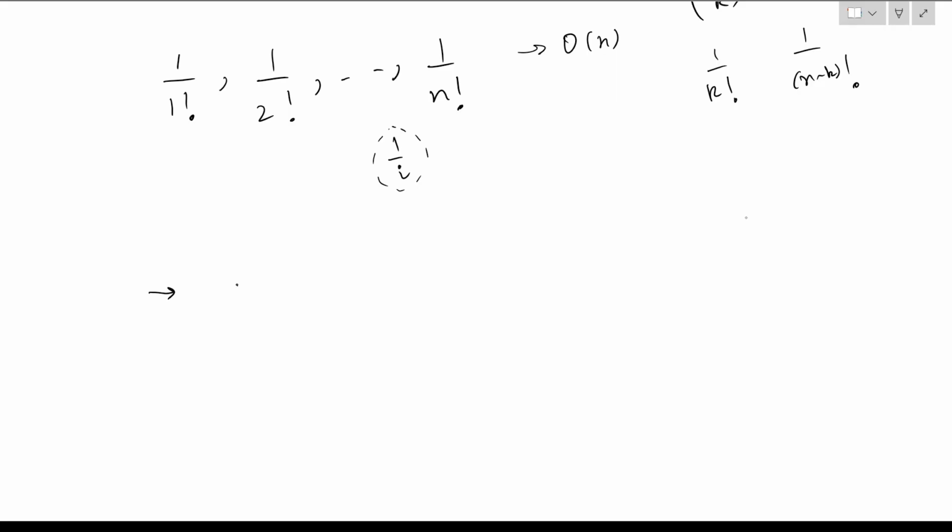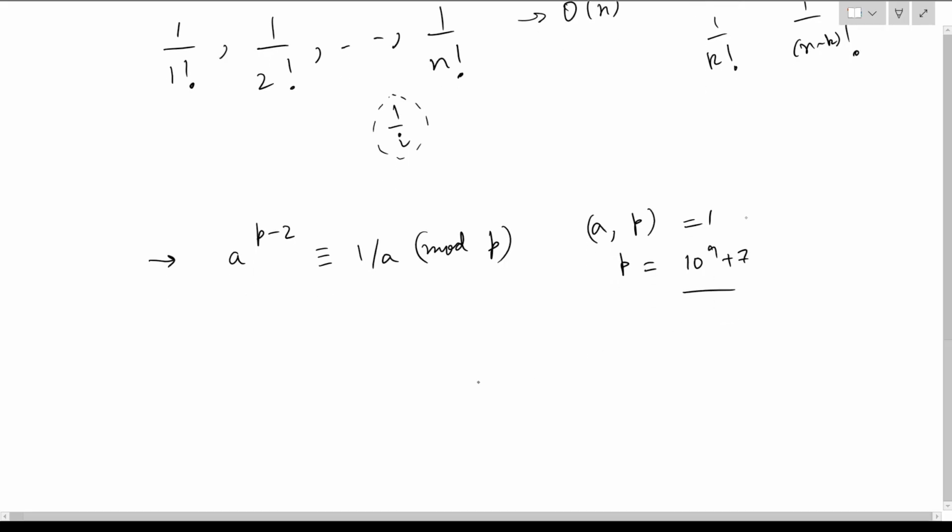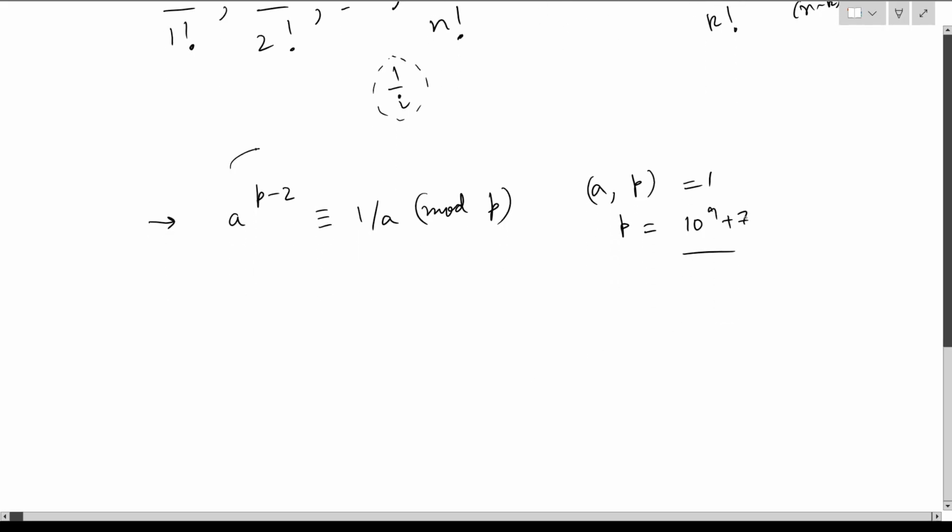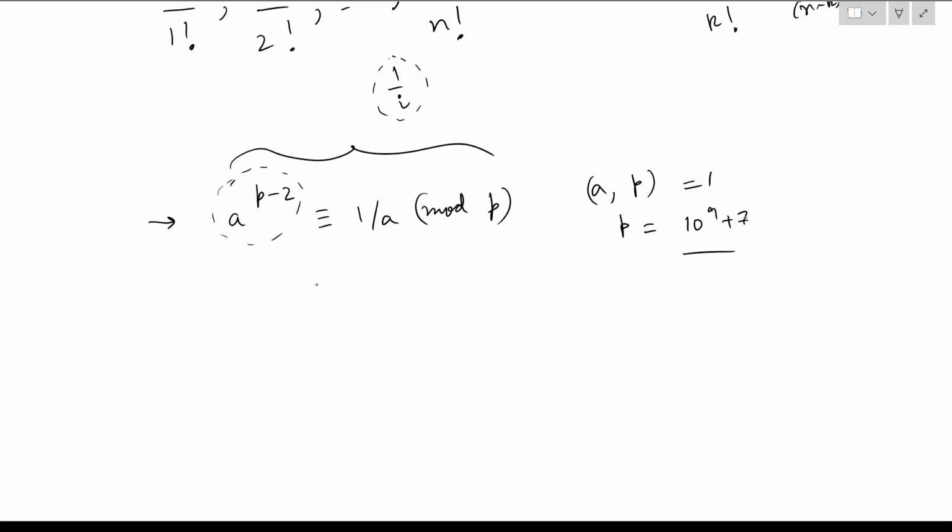It works by relying on this, modulo p. Here a is of course an integer relatively prime to p, and p is just some prime. Usually it's 10 to the power 9 plus 7 and the other number, like I said above. And this is something that's true, and because we can compute this by using binary exponentiation in order log p time, we can answer this quickly.